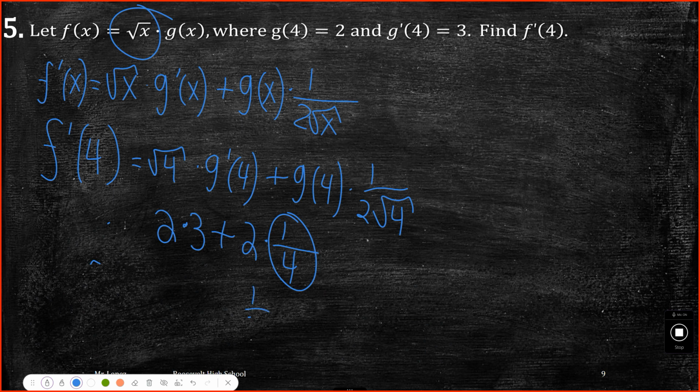Is that a half? 6 and a half. Make it improper: 13/2. That's what they usually give you for answers, in fraction form and not decimal. So you need to know how to do this. 6 plus 1/2, 6 and a half, 13/2.